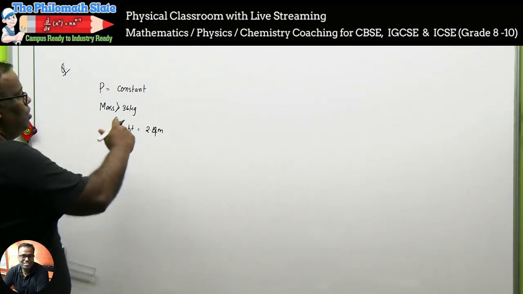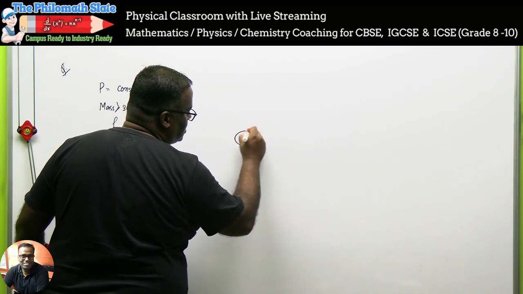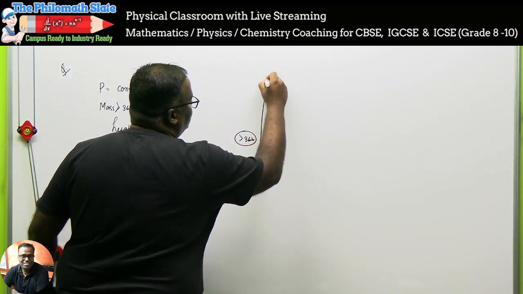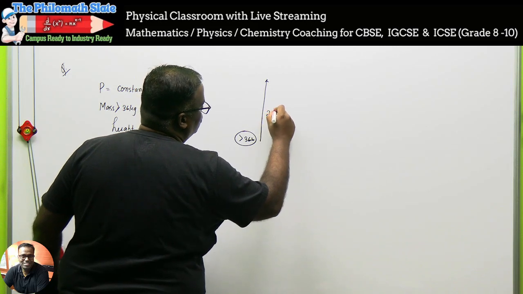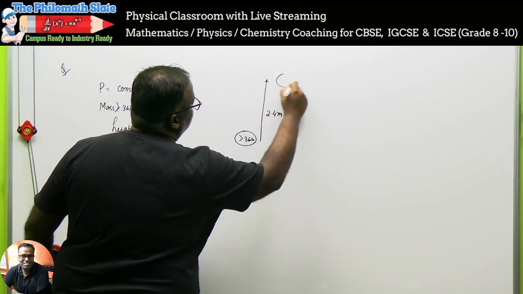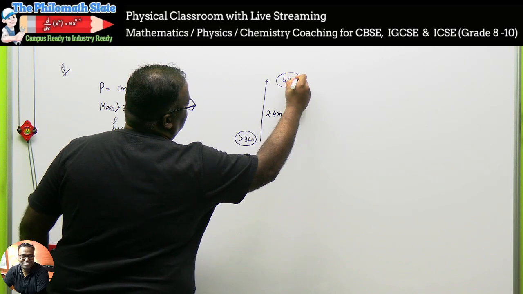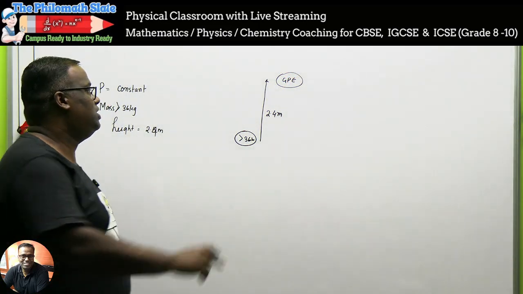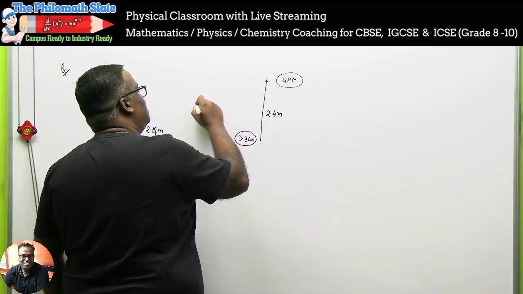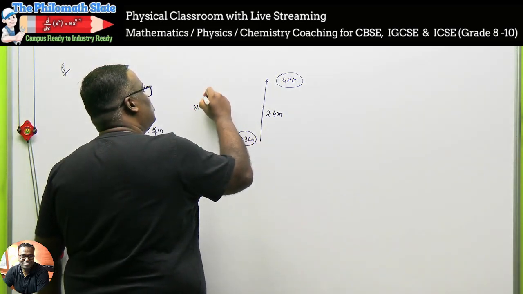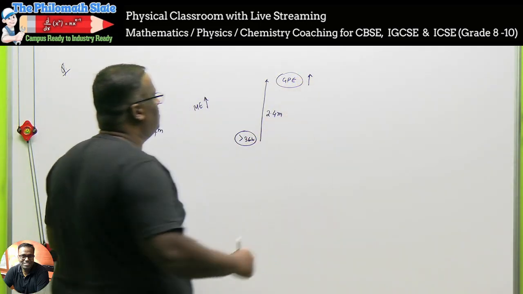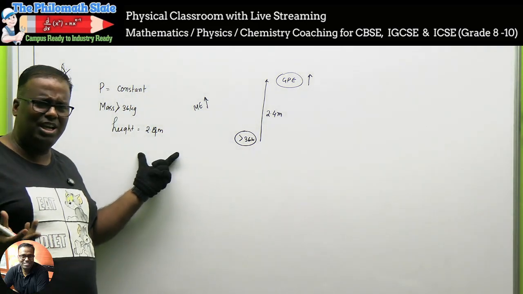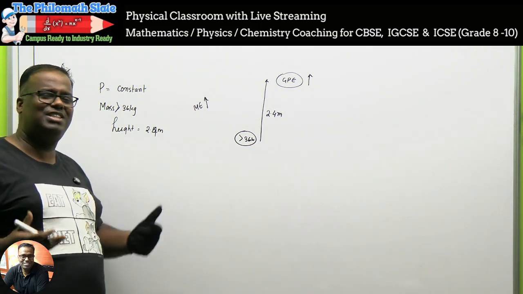Now come here, children. Now the mass is greater than 36 kg. Do you agree? You have to lift it through the same height of 2.4 meters. Don't you think that once you have lifted it, the GPE will be more, mass into height? If the GPE has to go up, the mechanical energy has to go up. But my motor never manufactures mechanical energy. Motor only converts electrical energy.